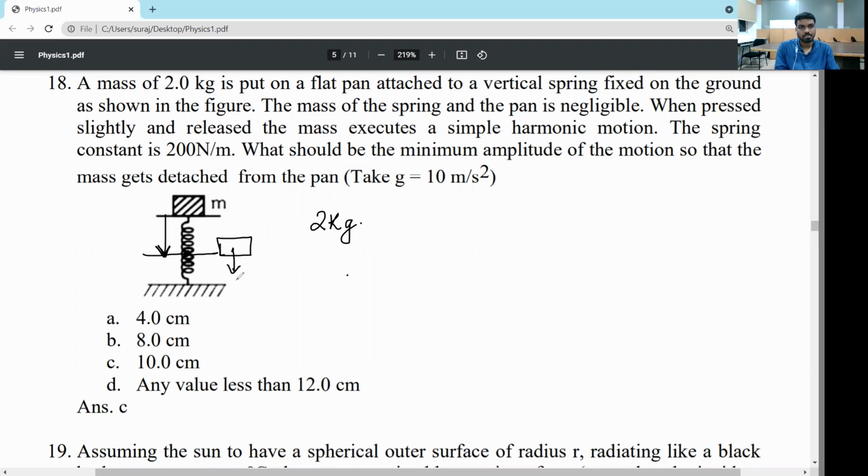Downward force is how much? 2g. That's the downward force. Spring force will be upwards, k times x. Now it will move upwards. That is kx minus 2g equal to 2a.